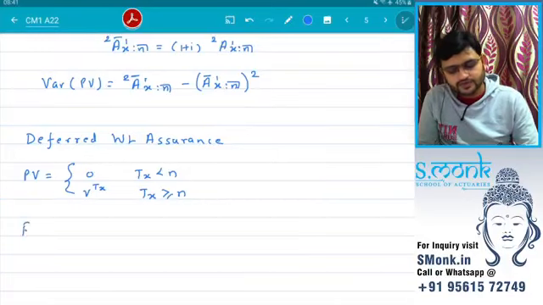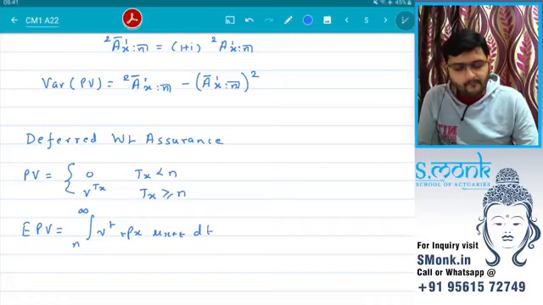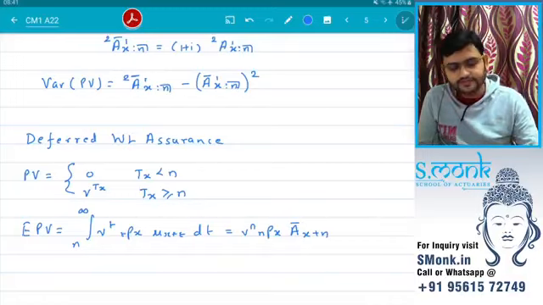So our expected present value is going to be the integral from n to infinity of v raised to t tpx mu x plus t dt. So we'll just say that is v raised to n, npx, A bar x plus n. We have done this before.